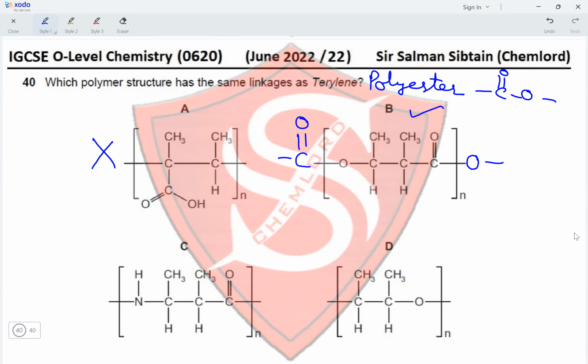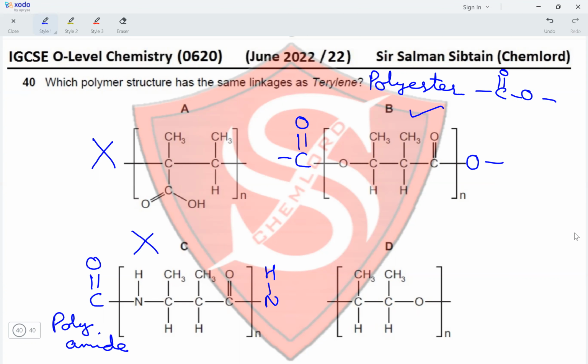C, we have got C double bond O on one end and NH on the other end. So the previous repeat unit would have a C double bond O present and the next repeat unit would have an NH present. So this would be a polyamide and not a polyester. So this is not it. And D has just a C single bond O present.